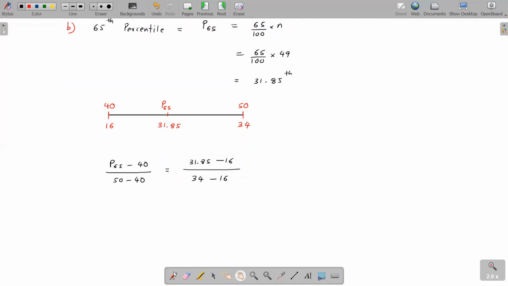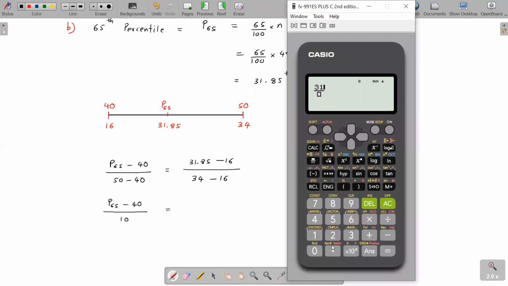What do we get here? 50 minus 40 is 10. 31.85 minus 16 over 34 minus 16, and I get 317 over 360. Is that okay?